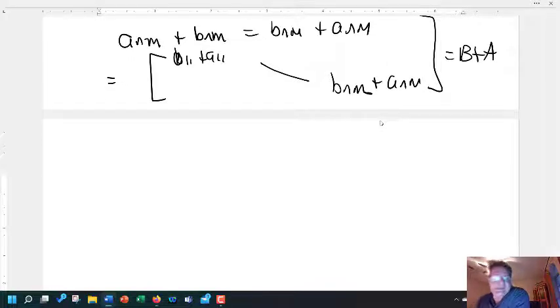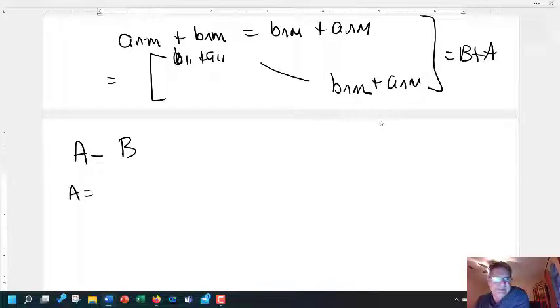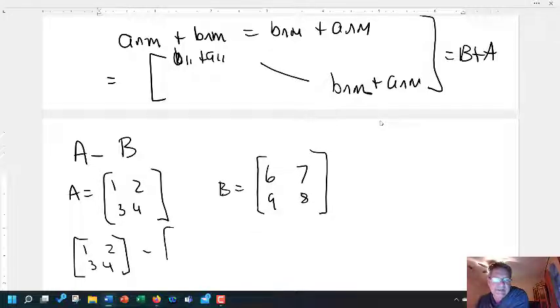It's kind of an interesting result. Subtraction isn't going to be all that different. So A minus B, sorry, little pen skill there. So let me do some specific matrices. A is 1, 2, 3, 4, and then B is 6, 7, 9, 8. And now I do minus. All I'm going to do is 1, 2, 3, 4, minus 6, 7, 9, 8.